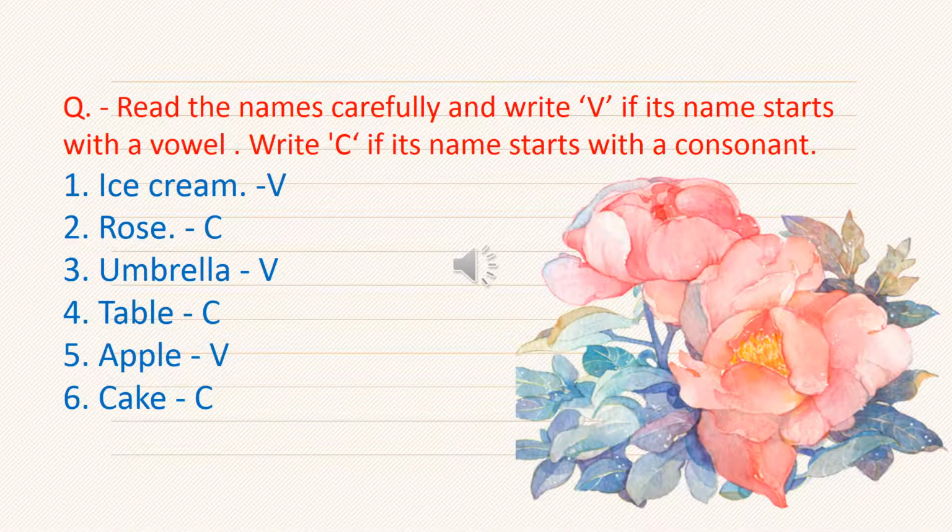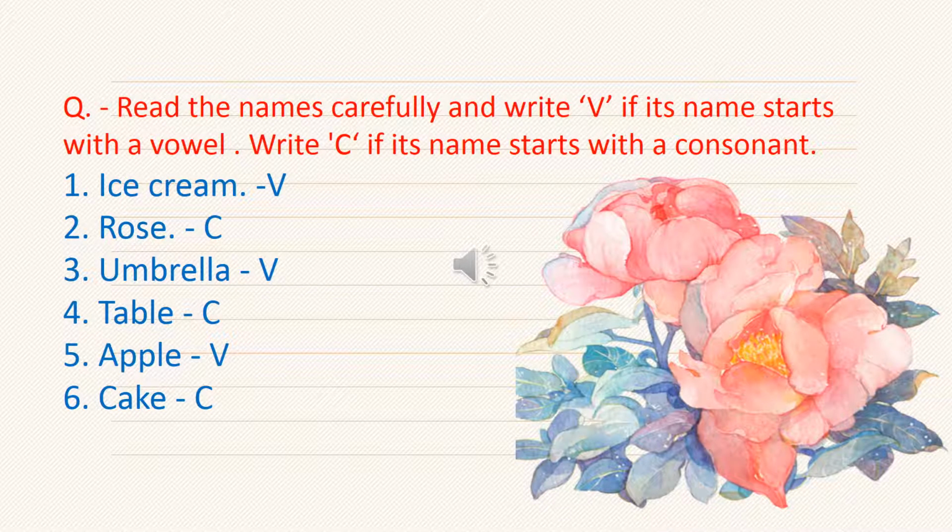This is the next exercise. In this exercise, read the names carefully and write V if its name starts with a vowel and write C if its name starts with a consonant.